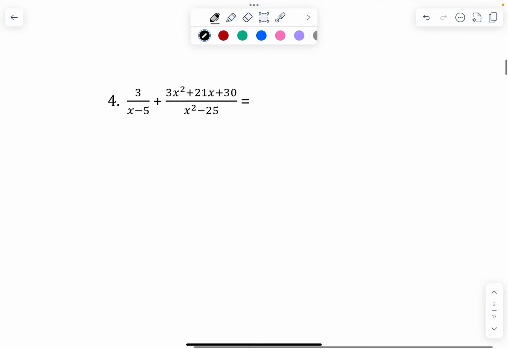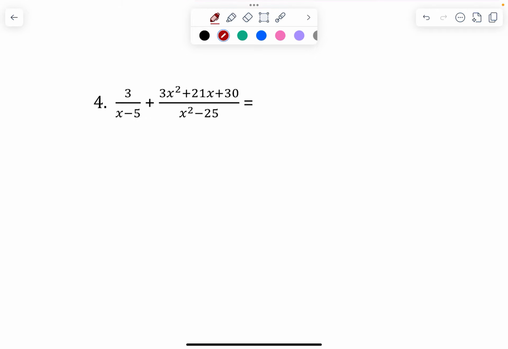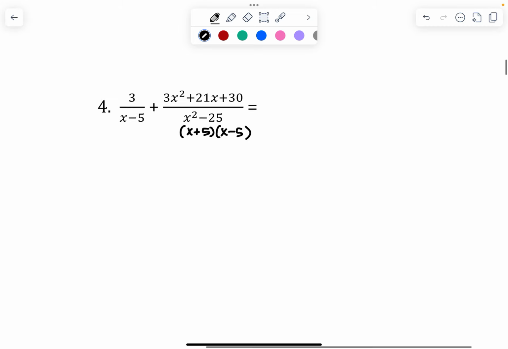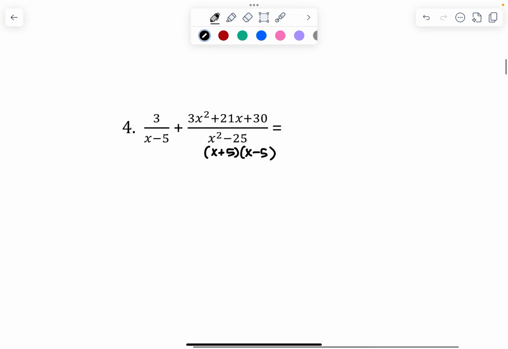Okay, now, here's where a lot of people make mistakes and say, okay, x minus 5 and x squared minus 25, so my LCD has to have this and this, and that's not true. And so, just like with multiplying and dividing, you want to factor everything that's factorable. And so this x squared minus 25 is a difference of squares, factors to x plus 5, x minus 5.